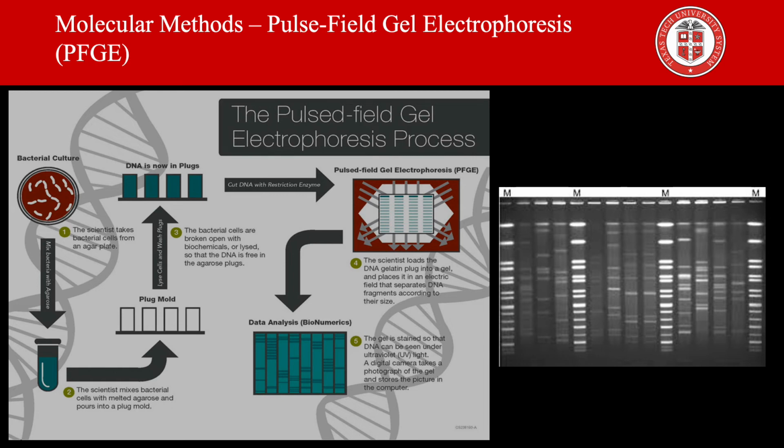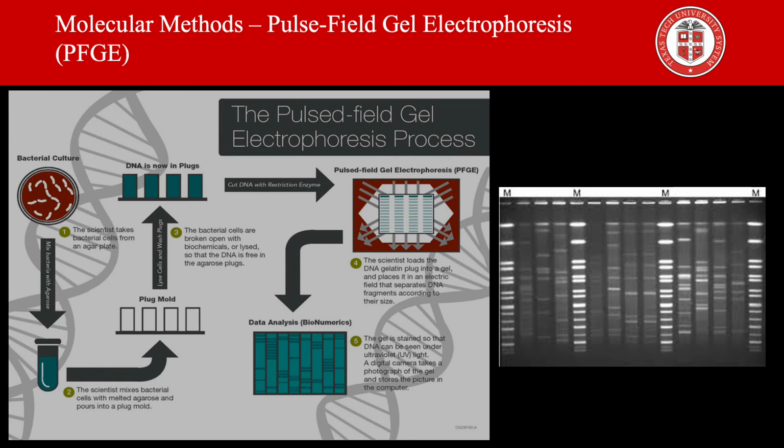This is a powerful genotyping technique used for the separation of large DNA molecules, the entire genomic DNA, after digesting it with unique restriction enzymes and applying it to a gel matrix under an electric field that periodically changes direction.